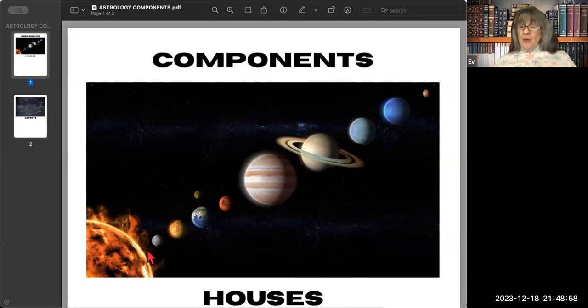Okay, so these planets are in order from the sun, closest to the sun and furthest away from the sun. Why do you have to know that? Because you have to know which planets move faster than the other planets, especially when we look at aspects.